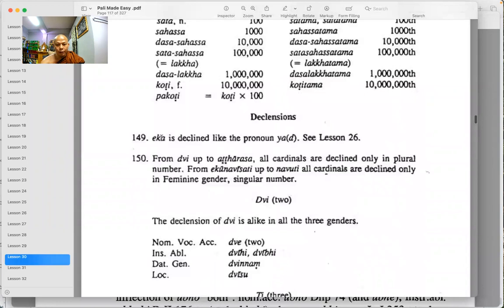So eka is like the pronoun, okay. And from dwi to aṭṭhārasa, all cardinals decline like in the plural. So they are adjectives.